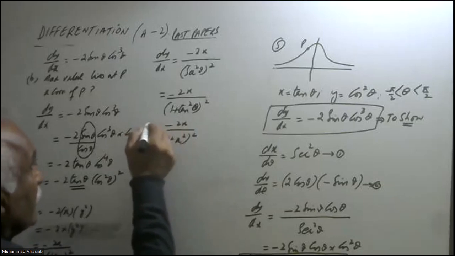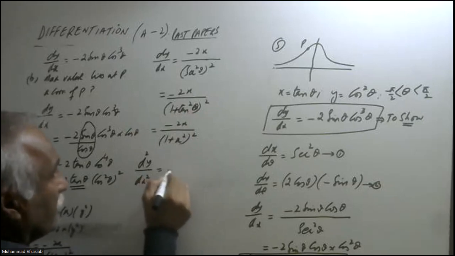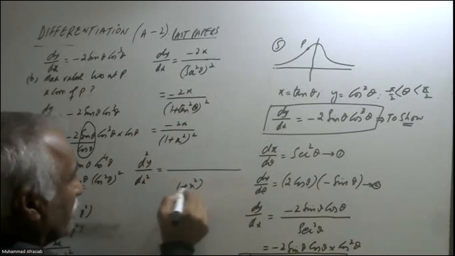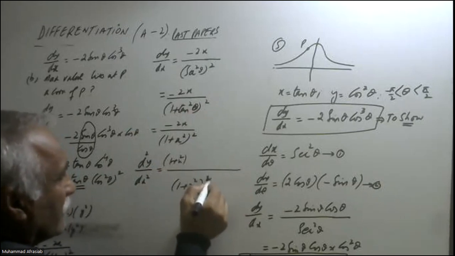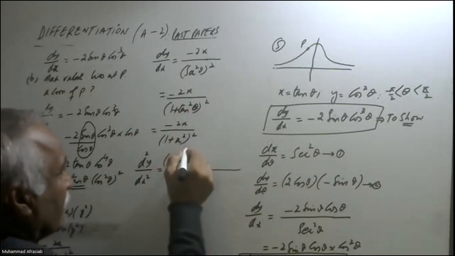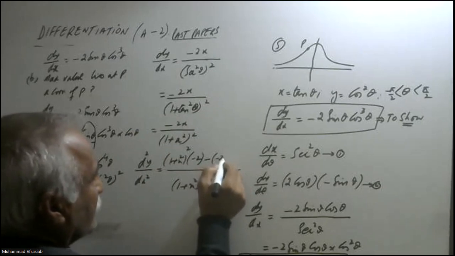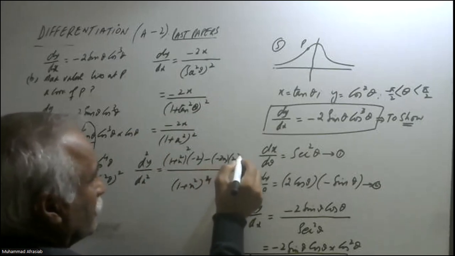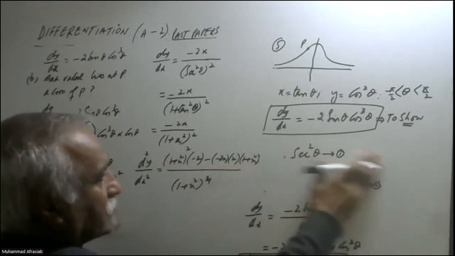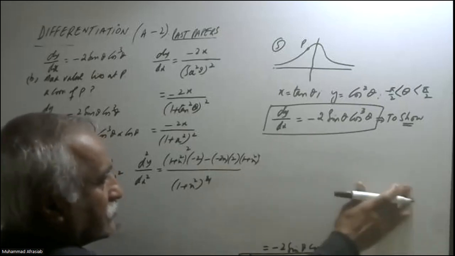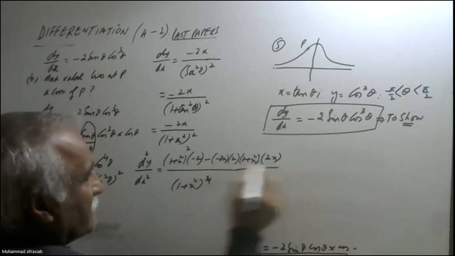And now this is going to be converted for the second derivative. d square y over dx square is equal to 1 plus x square whole square, as it is 1 plus x square power 2, now this will become power 4. 1 plus x square power 2 into minus 2, minus into minus 2x into 2 into 1 plus x square into 2x.